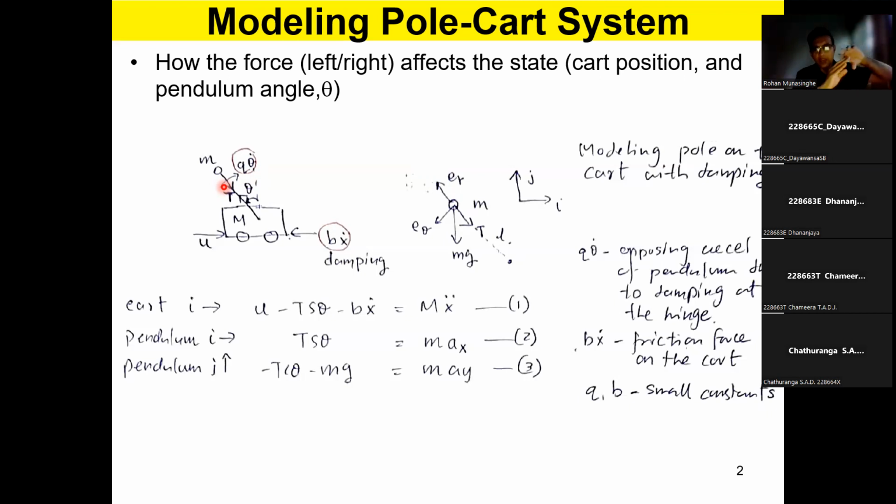The mass is trying to fly away, but the pole is actually keeping it in position, pulling it down. So when it does that, there's a force reflected on the mass as well as the cart. So it works in both directions. So our first equation is for the cart.